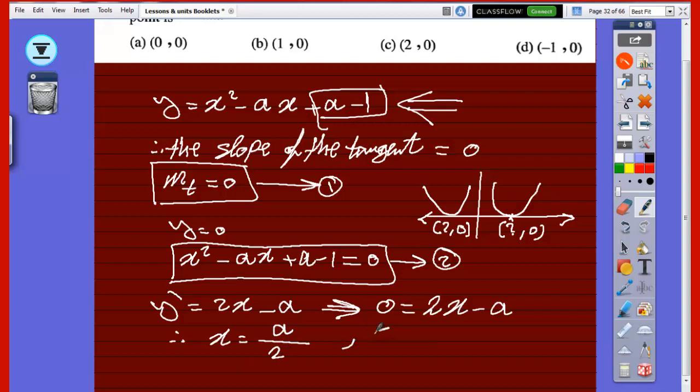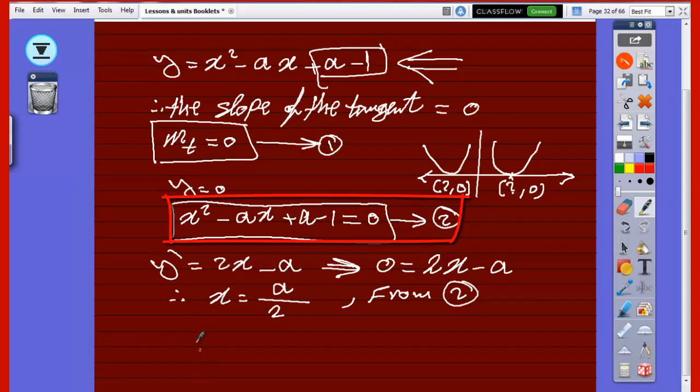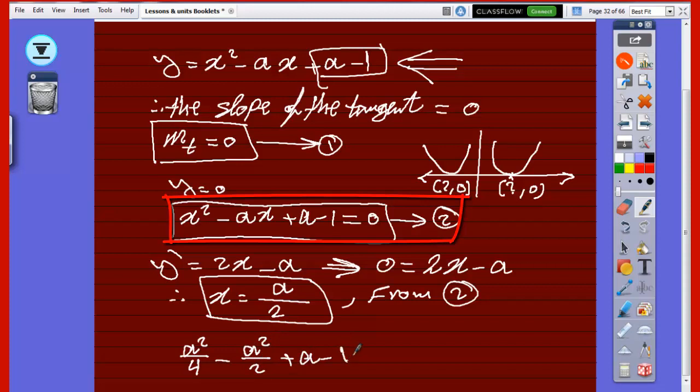So from equation 2, substituting x equals a over 2, x squared equals a squared over 4, minus a times a over 2, it is negative a squared over 2, plus a minus 1 equals 0.